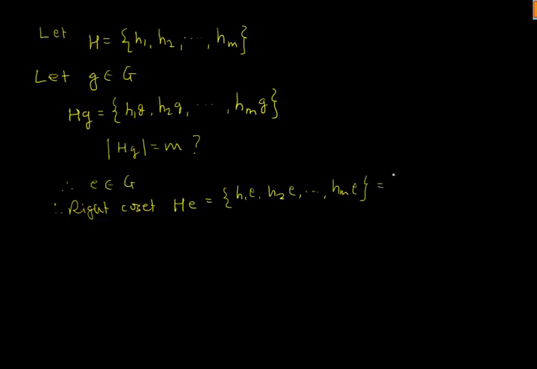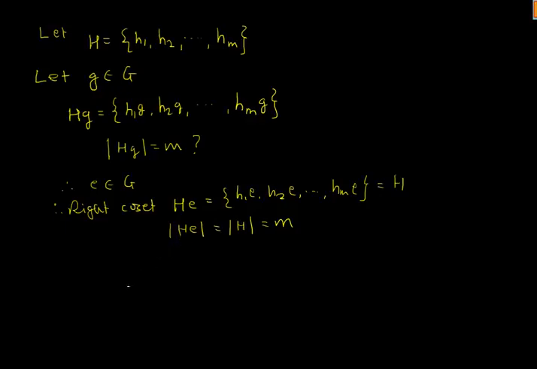According to the identity law, it is nothing but H. Hence He is equal to H, and the cardinality of He is equal to the cardinality of H, and we know that the cardinality of H, or order of H, is equal to m. Hence we can say that the number of elements in the right coset He is m.